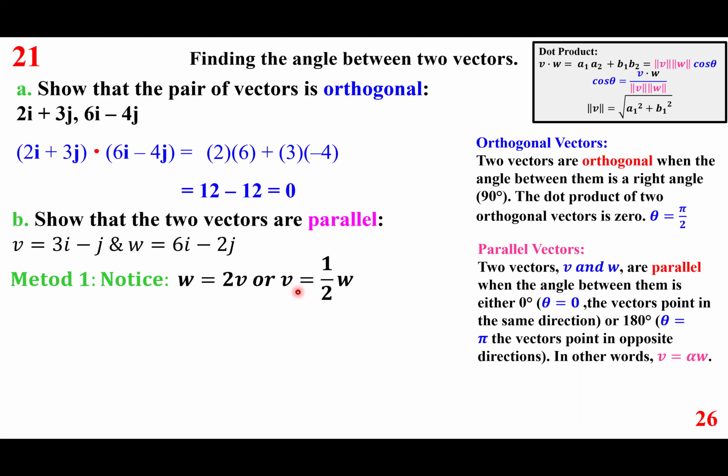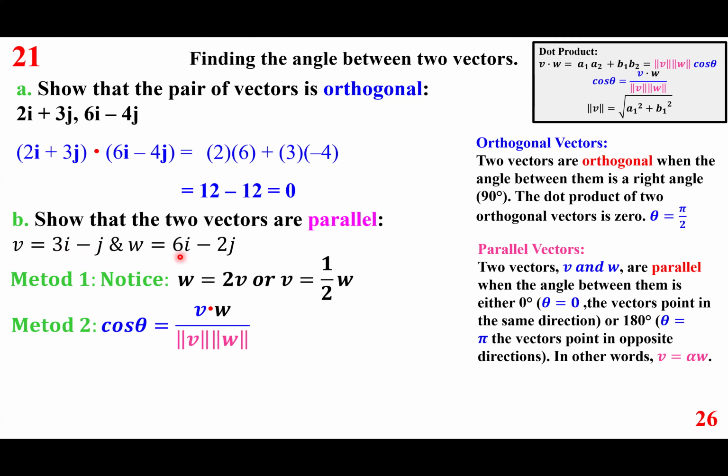Method 2 is to calculate cosine theta using this formula. V dot W, 3 times 6 plus negative 1 times negative 2. Then in the denominator, this one would be square root of 3 squared plus negative 1 squared.